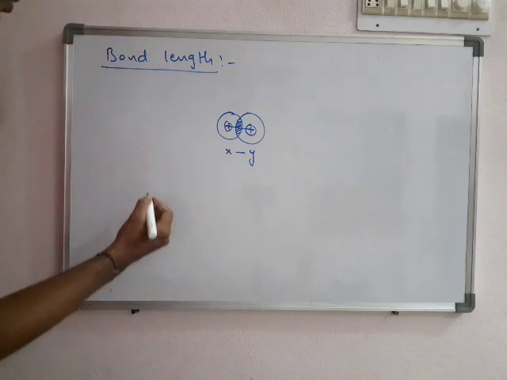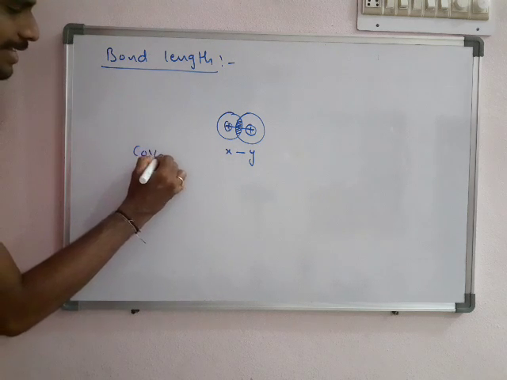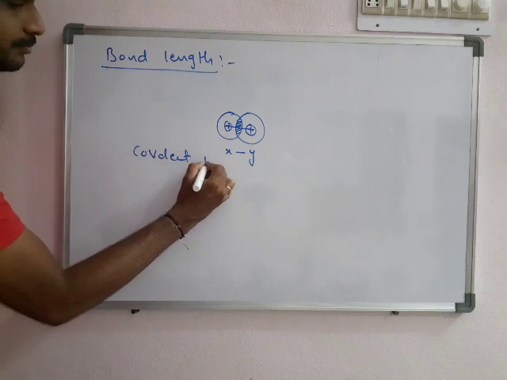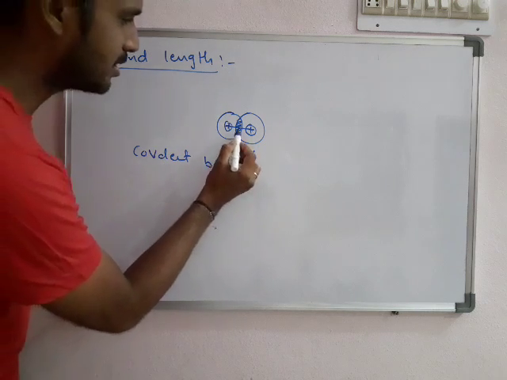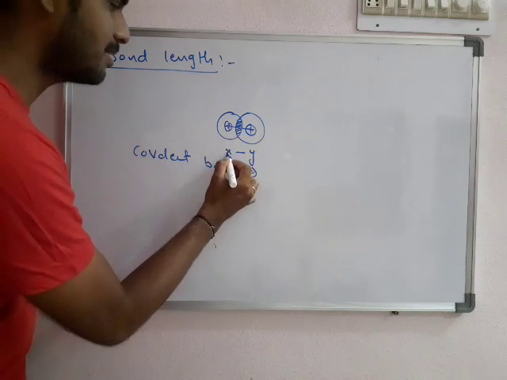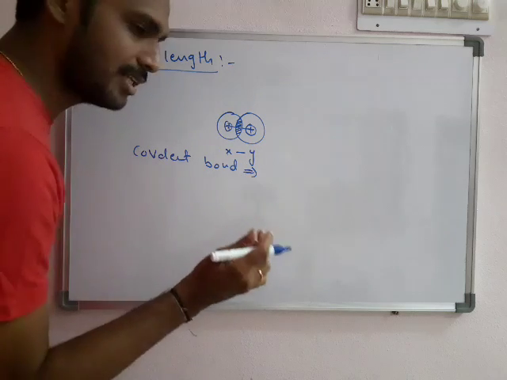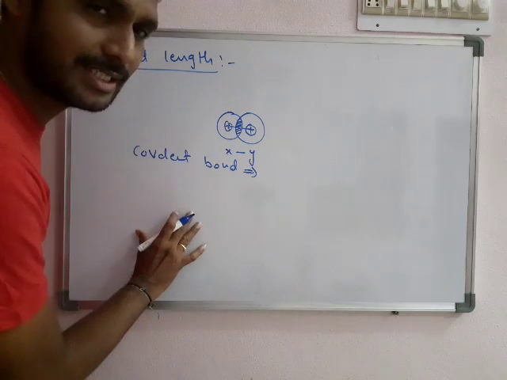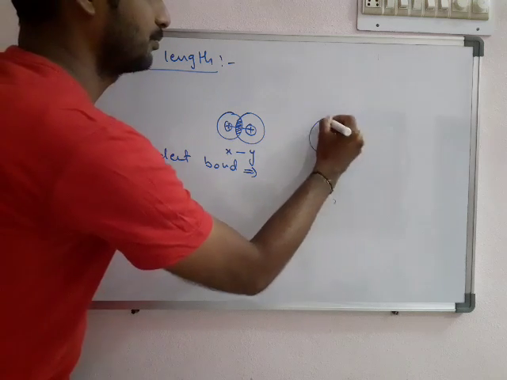In covalent compounds we can write it like this: this length is the radius of X and the radius of Y. In atomic radius we discussed what the covalent radius is.